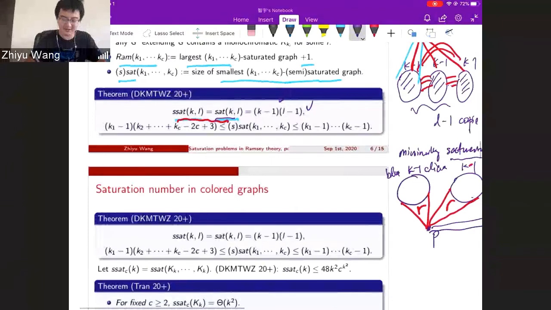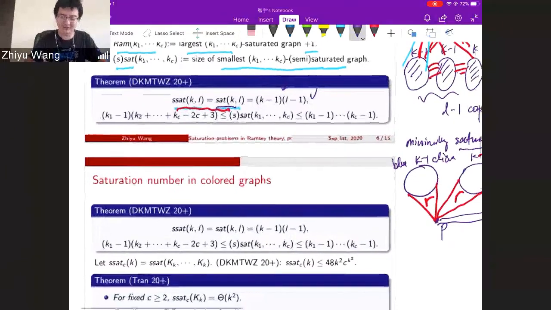And for multiple colors, suppose C is greater than 2, there's a generalization for that. Basically the upper bound we can show is (k1-1) times all the way to (kc-1). The lower bound is (k1-1) times k2 plus all the way to kc minus 2c plus 3.